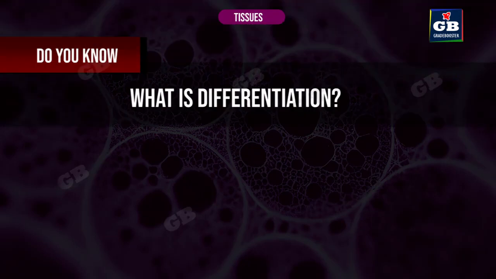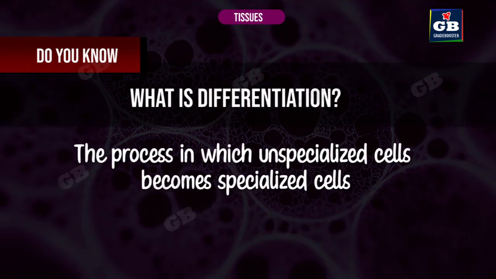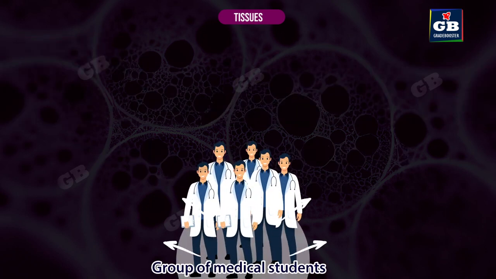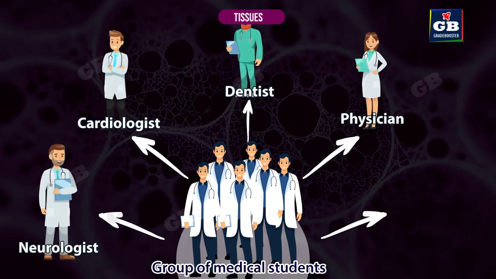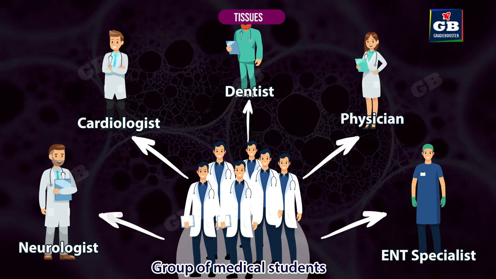Do you know what is differentiation? The process in which unspecialized cells become specialized cells. We can compare the unspecialized cells to the students of a medical college or university. After they graduate, they may take up a specialization and become a specialist.